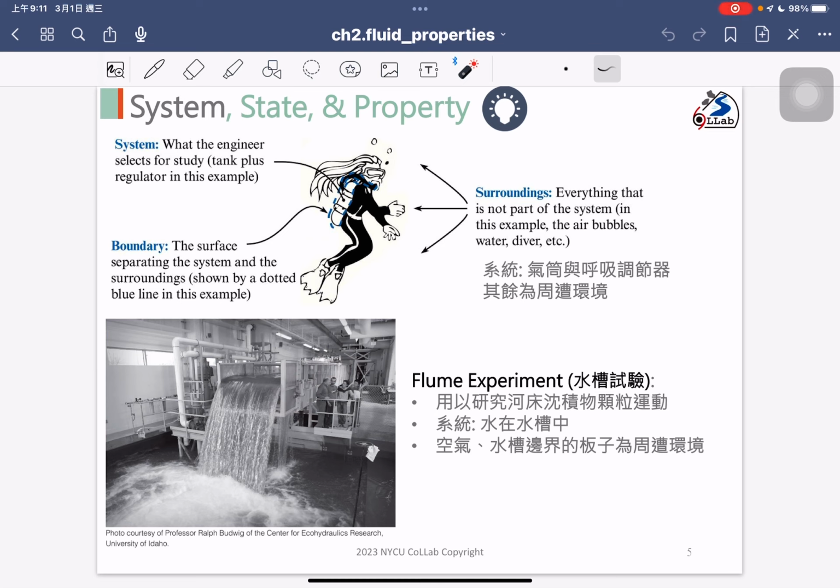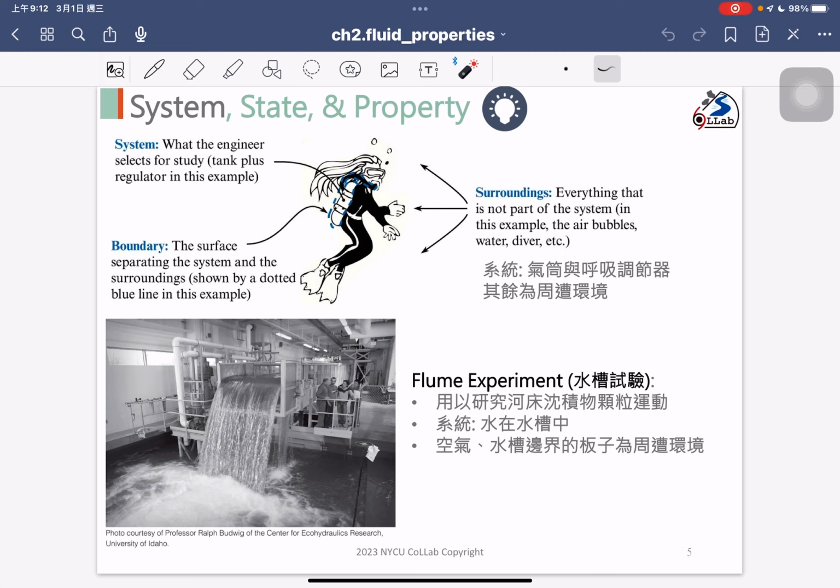The solid channel walls are our surroundings. And then we can further define the boundary. The boundary always separates the system and the surroundings, and the surroundings are not part of the system. So the system is the most important. You should define the system first, and then you can figure out where the surroundings are.